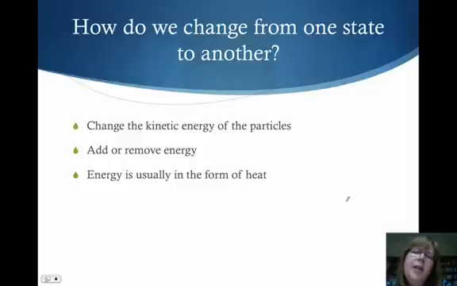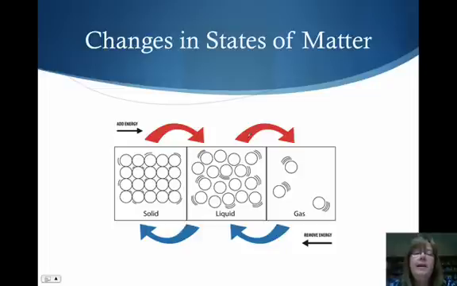Okay, well, how do we change from one state to another? Well, we are changing the kinetic energy of the particles. We can add or we can remove energy, and energy is usually in the form of heat. So really, the big difference between these states of matter is how much energy they have. So here we are, our vibrating solid molecules, nicely organized.